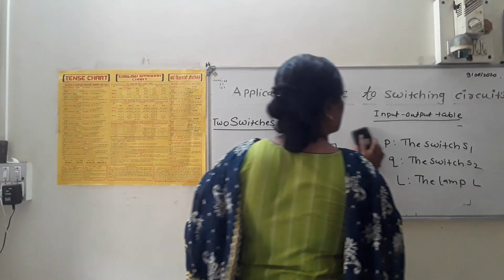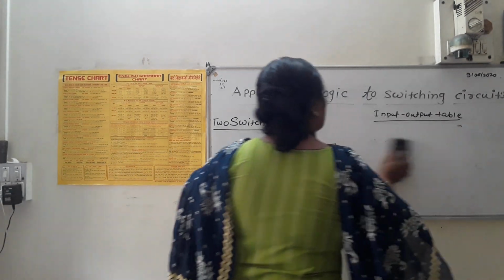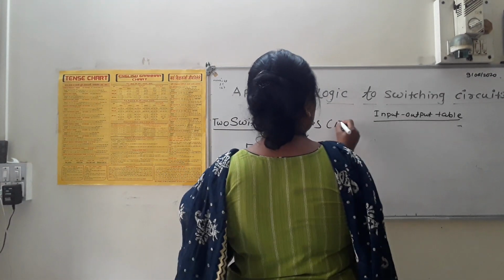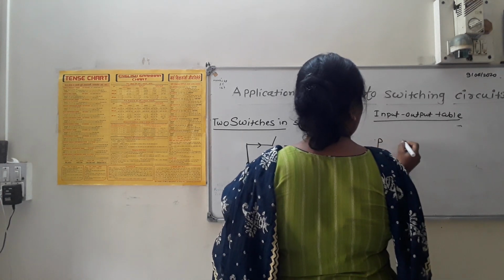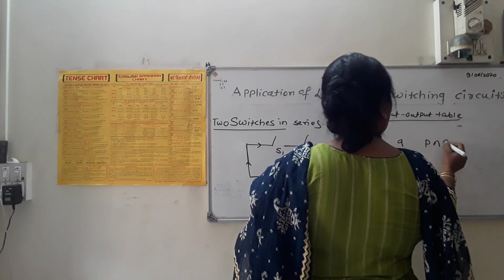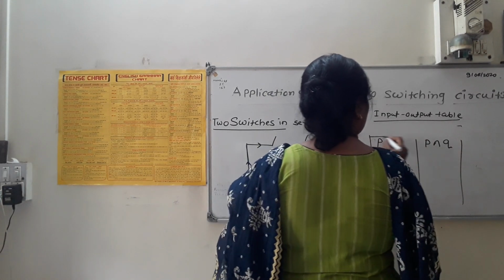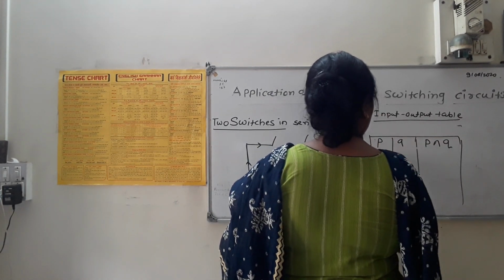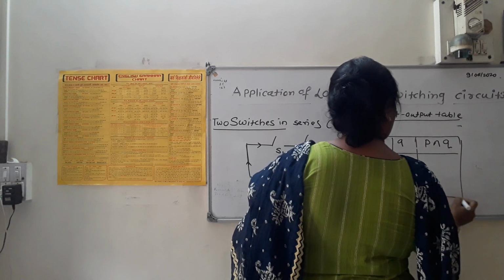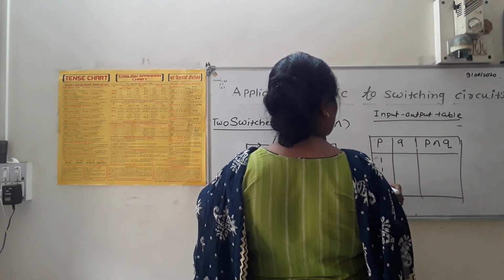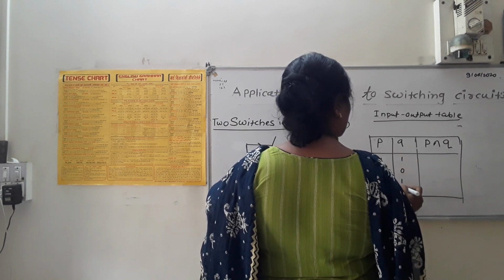Now prepare the output and input table for this. The series symbol is AND. P and Q. Now here 1 1 0 0 and 1 0 1 0.